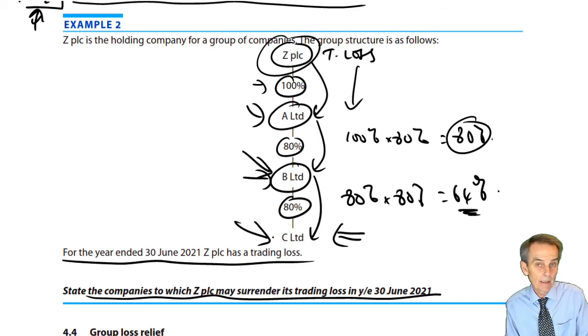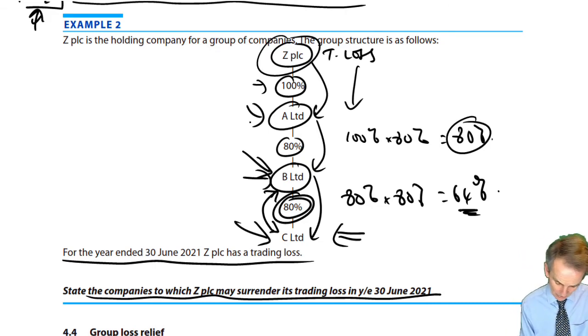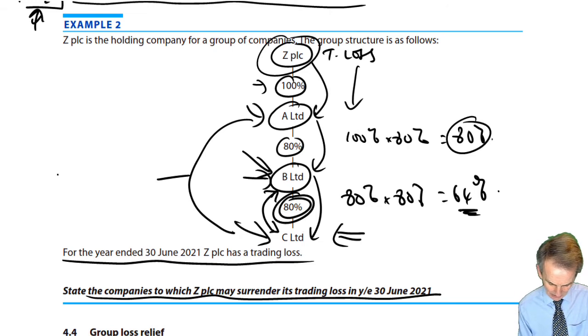In terms of can C Limited group relieve with anybody? Well, yes. C Limited is the 80% subsidiary of B Limited there. So those two can group relieve. What about A Limited? Well, no. When you look at the link from A Limited down to C Limited, again you've got the 80% of 80%.